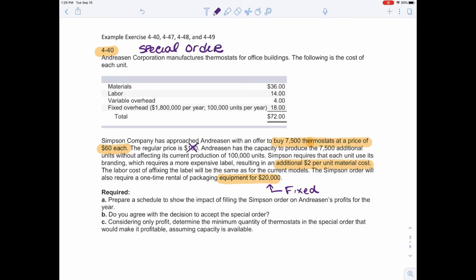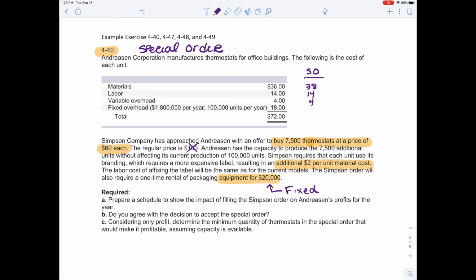So what I'm going to do first is go through and look at this special order and look at what are my costs per unit. The materials cost, I need to add that additional $2. So really my per unit materials cost is $38. That labor does not change, and my variable overhead does not change.